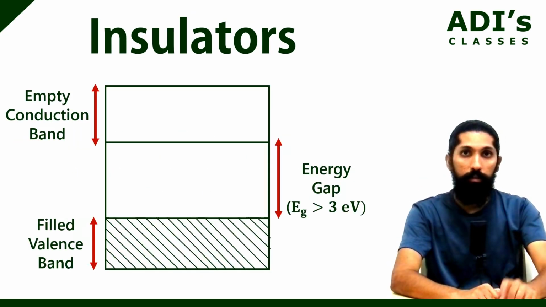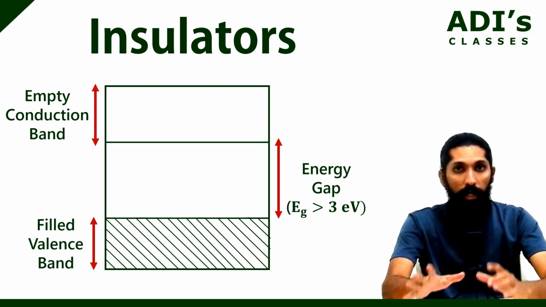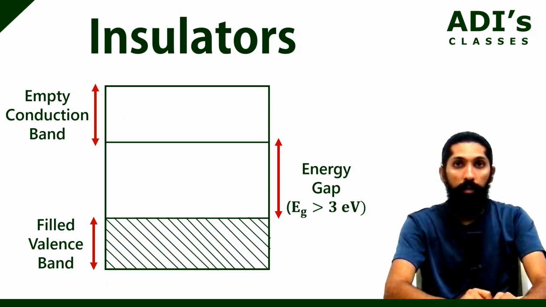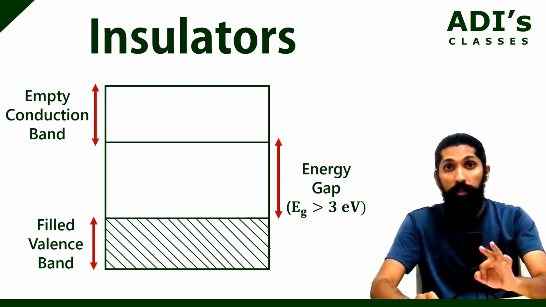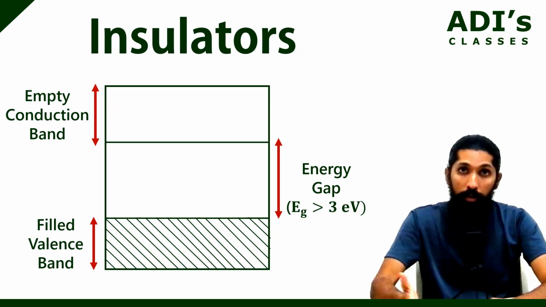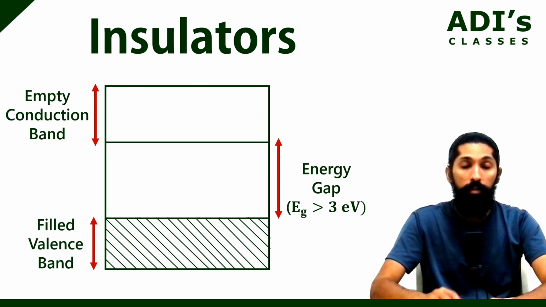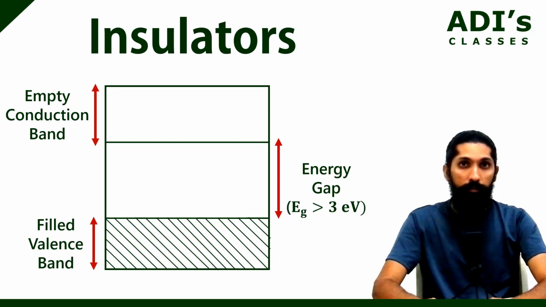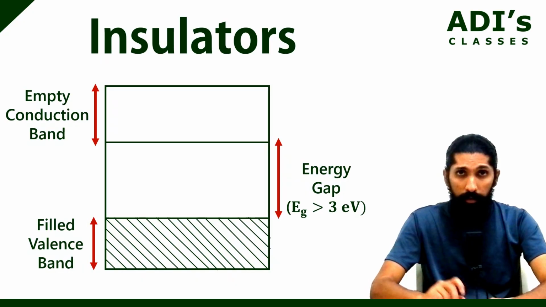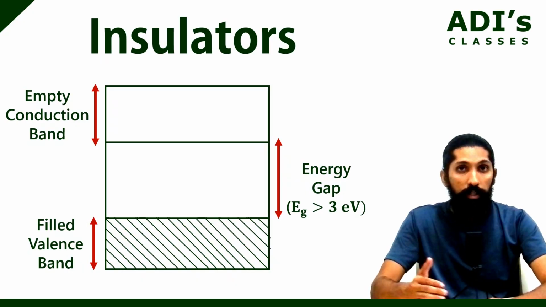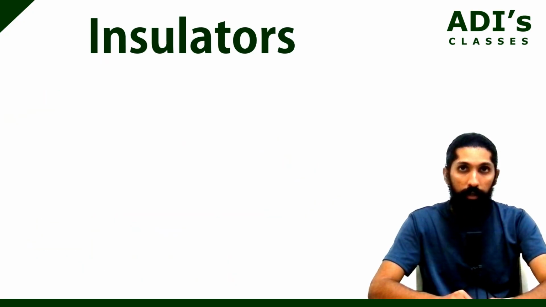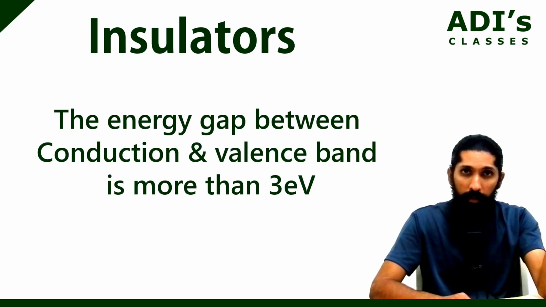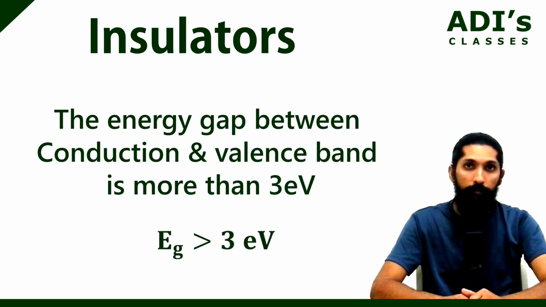For an insulator, this is the image. You have the valence band and the conduction band, and the energy gap is more than 3 electron volt. That's a lot of energy. One electron needs more than 3 electron volt of energy, and you have 10 power 19, 10 power 20 electrons.